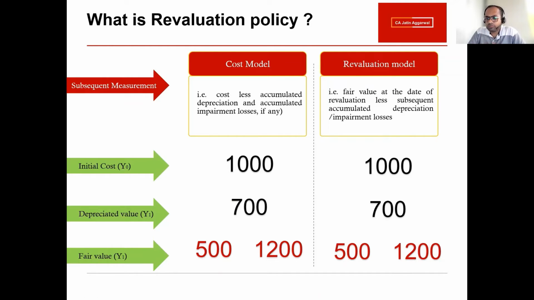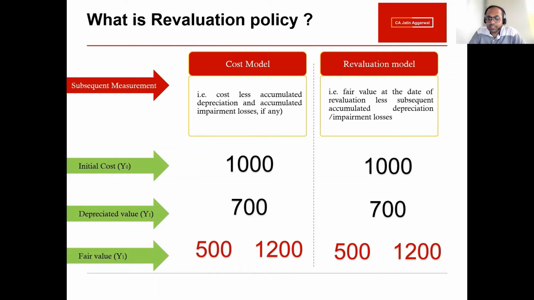But currently we are only focusing on the fair value. So if the fair value of this asset has reduced to 500, or has increased to 1,200, then there is not going to be any change in the accounting, right? Assuming there is no impairment trigger, my accounting will not change. So what is actually happening?